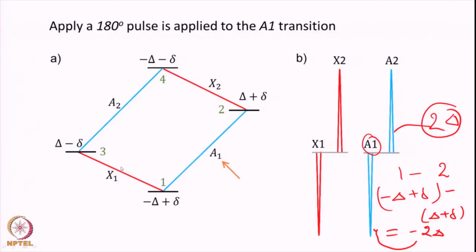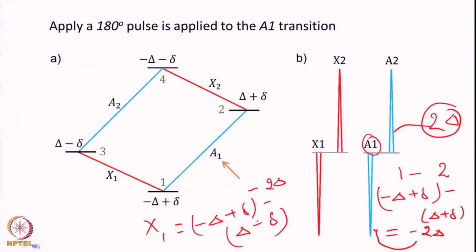So, 1 minus 3 is for X1. So, the intensity for X1 is minus delta plus delta minus delta minus delta. If you see this, this is actually minus 2 delta, right.